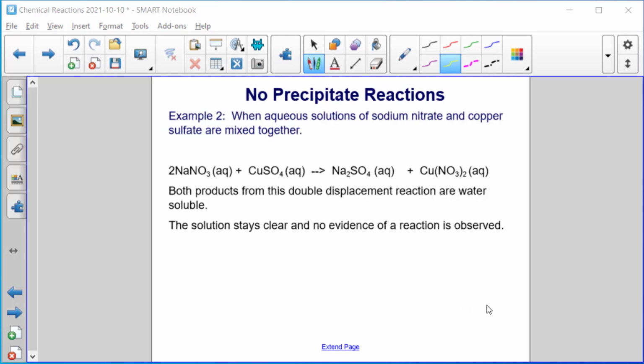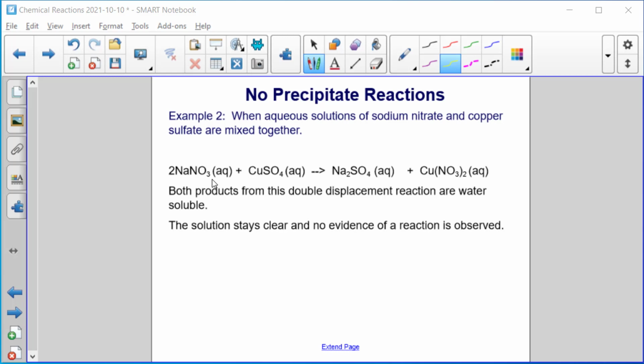Here's example number 2 of a no precipitate reaction. When we have aqueous solutions of sodium nitrate, so we know that that's soluble, group 1 metal nitrate, and copper sulfate, which if you go back to those new solubility rules, you'll see that's also aqueous or soluble. Now we complete the double replacement, and so now sodium is with sulfate, so Na2SO4.